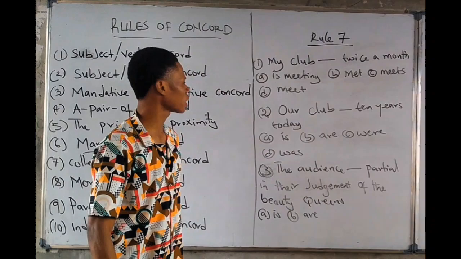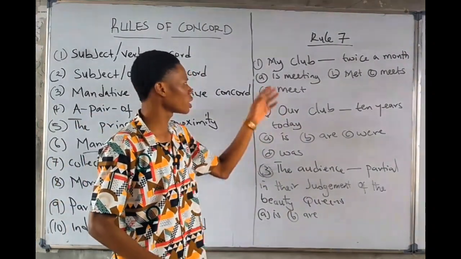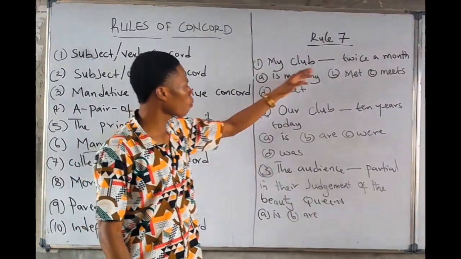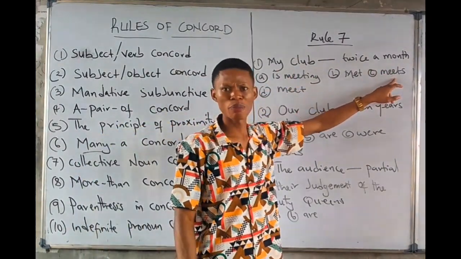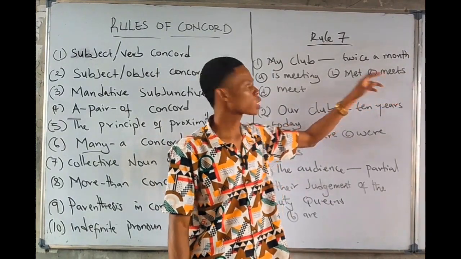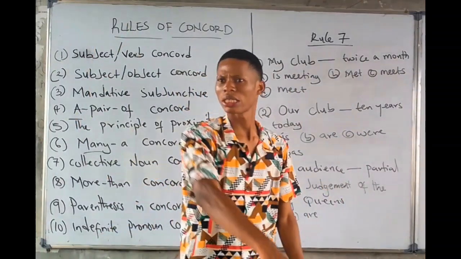For example, my club dash twice a month. So what would be the correct answer here? Is it A, B, C, or D? C. My club meets twice a month. Meets, is it singular or plural? Singular. But my club is performing the action of meeting.